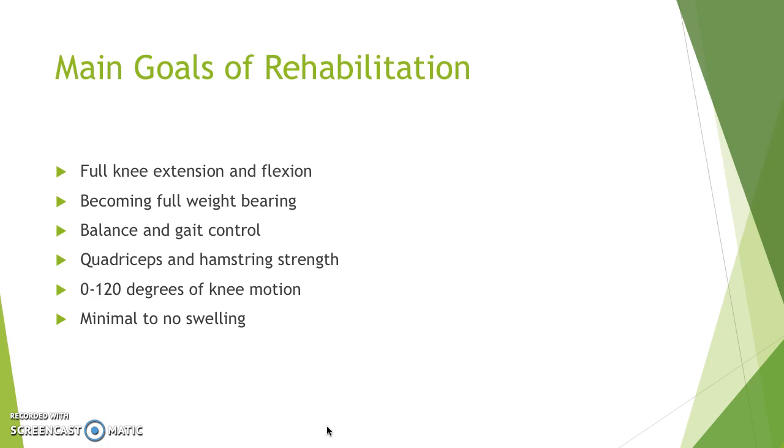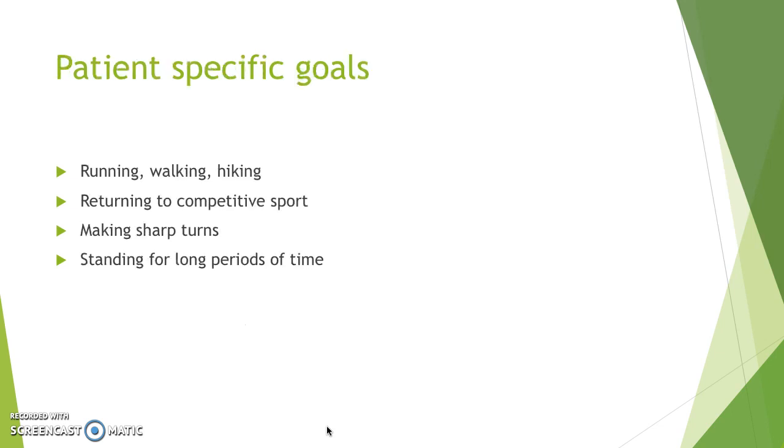You want to make sure their quad and hamstring strength is back to where it should be, because you're going to lose a lot of that in the recovery time right after surgery. You're going to want up to 120 degrees of knee motion. I've been told that is what is considered to comfortably get on and off of the toilet. And you also want to look at minimal to no swelling.